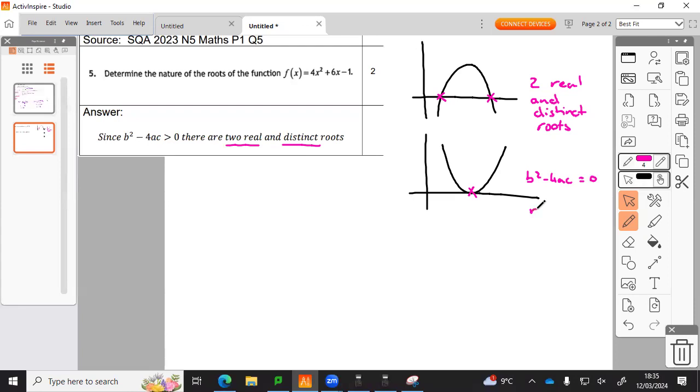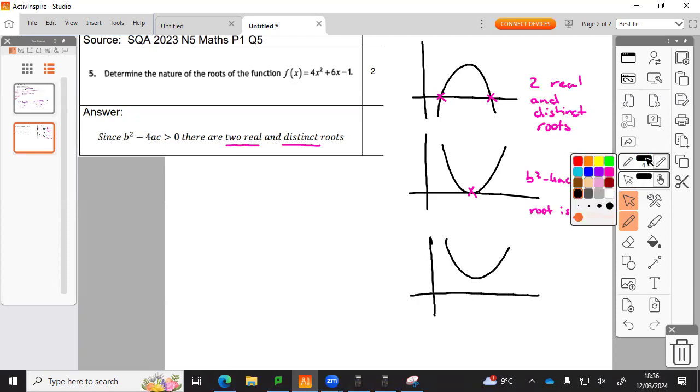The root is real. Yeah, it's not distinct because there's only one of them. Or if it's less than 0, what it means is there's no root at all.